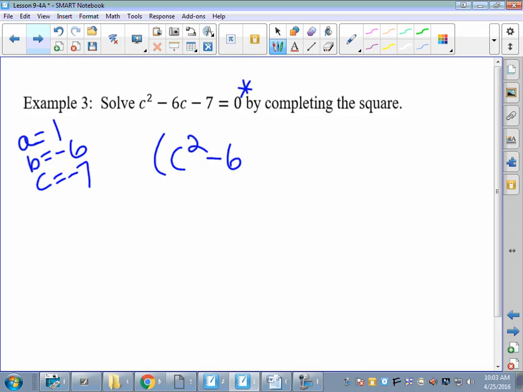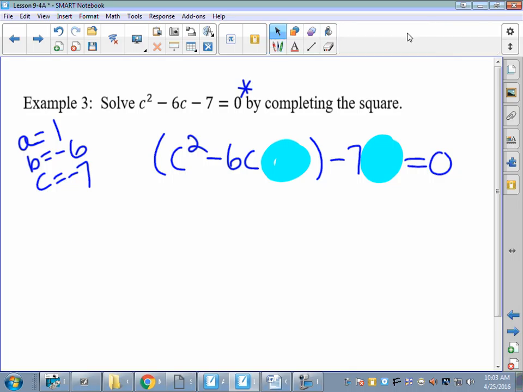So I'm going to scooch. And I know that I am going to add something inside the parentheses, and I'm going to subtract that same something outside the parentheses. What will that something be that I'll add inside and subtract outside? Half of -6. Square that, and I get 9.